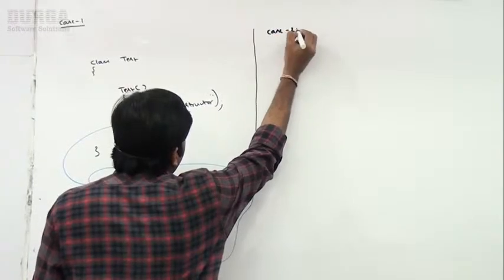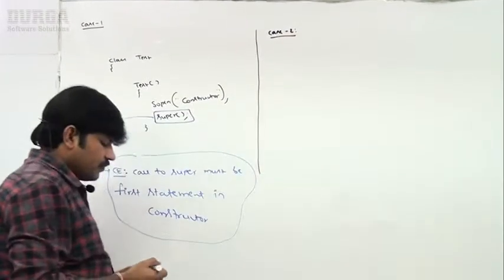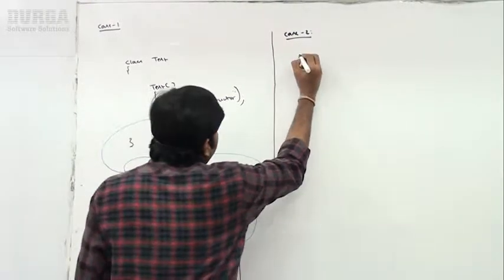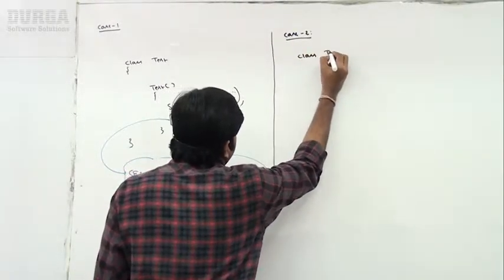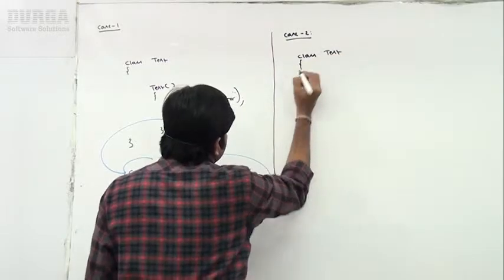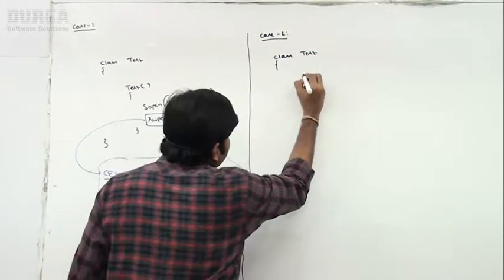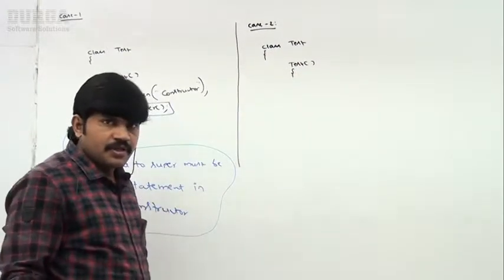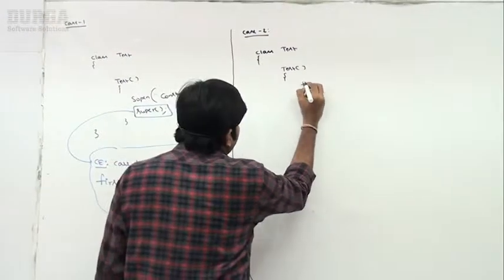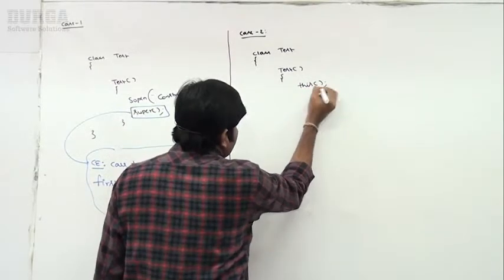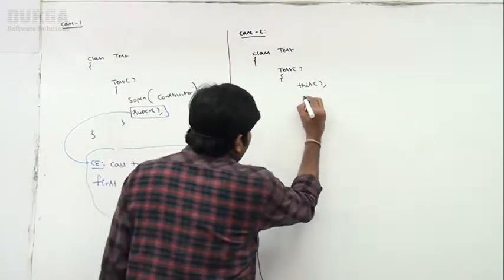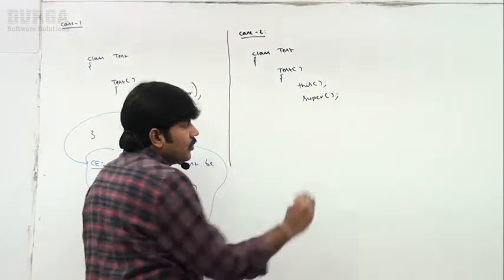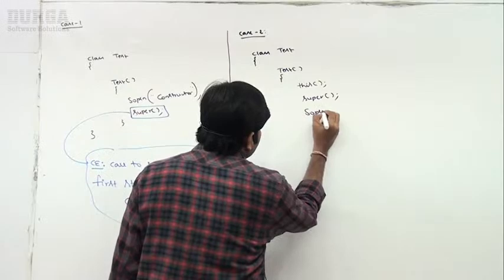Now let me go for case 2. Observe very carefully, sir. My second case here is very simple. I am taking class Test. Here this is the Test constructor. I am writing the constructor. In that I am taking this, and then super, followed by System.out.println.